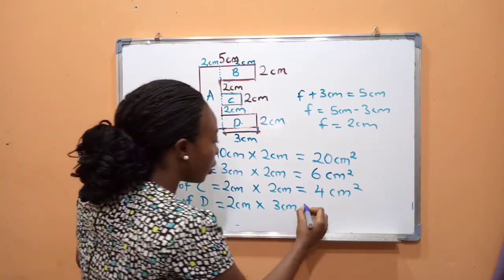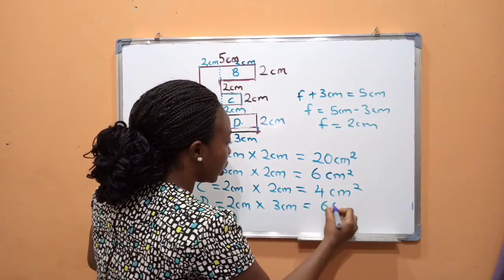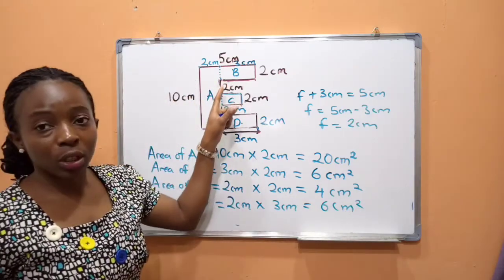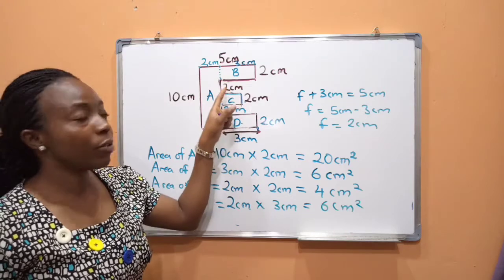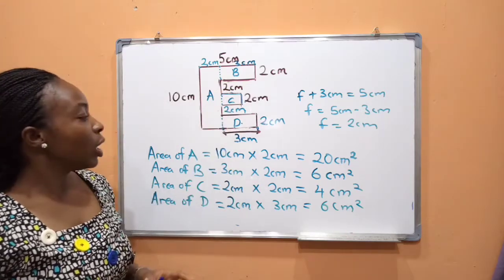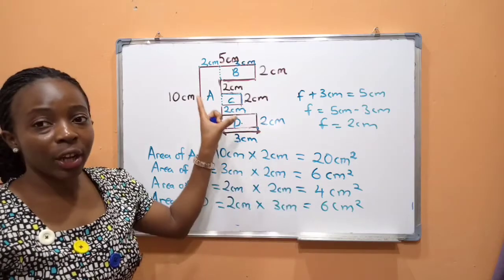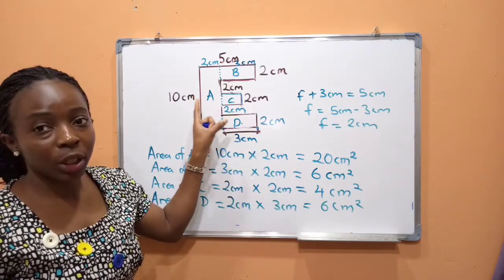So we're going to have 6 centimeter square. So we succeeded in solving for each of the irregular shapes. Now that we have done that, we are going to sum it up to give us the area of this irregular shape, the E shape.